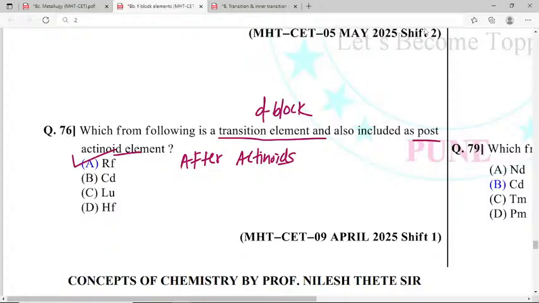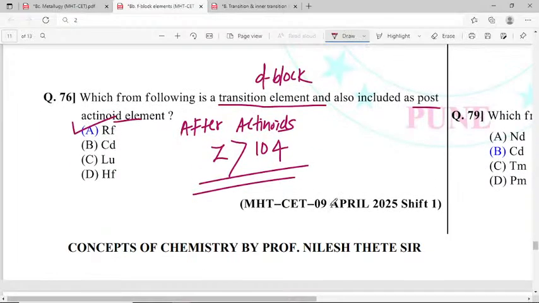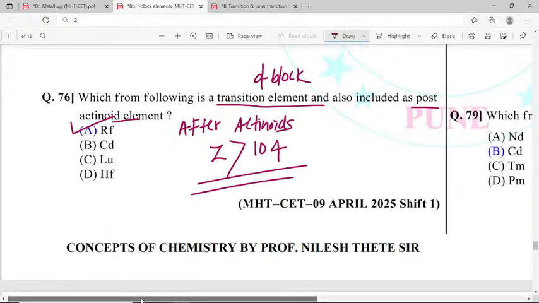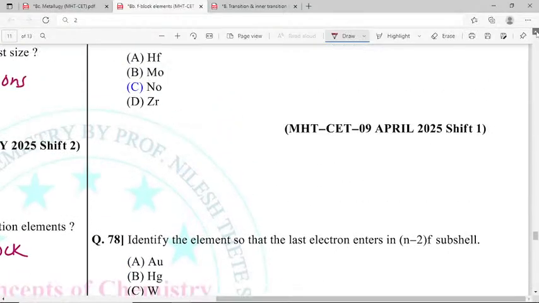So Z should be greater than 104. Z stands for atomic number, atomic number 104.